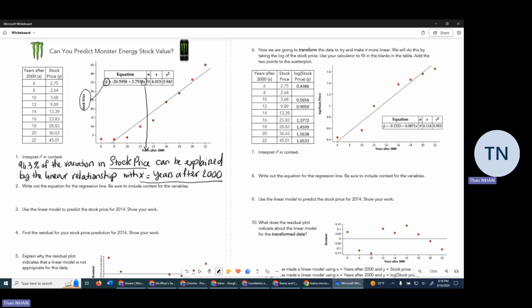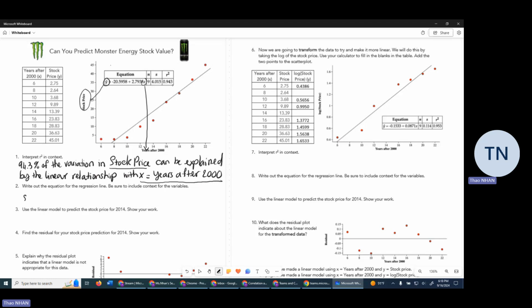Now it's saying right here, we have to write out the equation of the regression line. Be sure to include context for the variable. Again, your y here is the stock price, and your x here is the year after 2000. So if I were to write the equation, do not write y hat and x there because they want it to be in context, right?